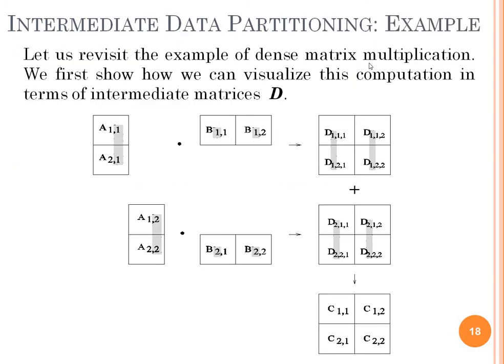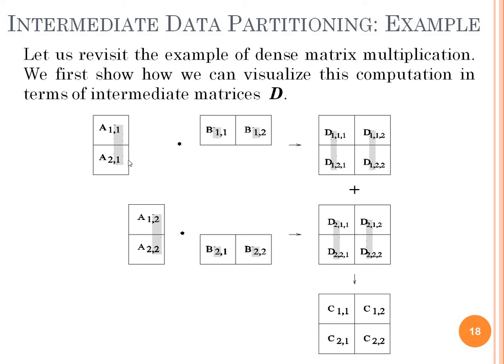Here, let us revisit the example of dense matrix multiplication. We first show how we can visualize this computation in terms of an intermediate matrix D. Now here A11, A12, we can divide the first row, first column. Likewise, we can make them separate, and an intermediate matrix is formed: D111, D112, D121 and D122.